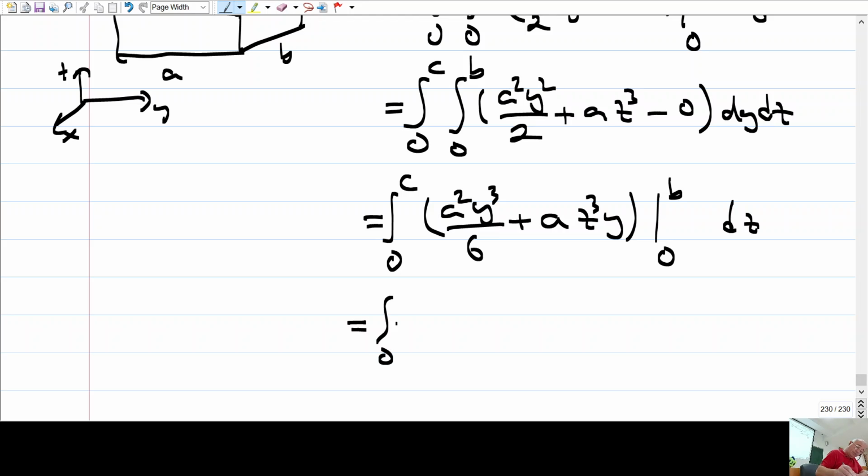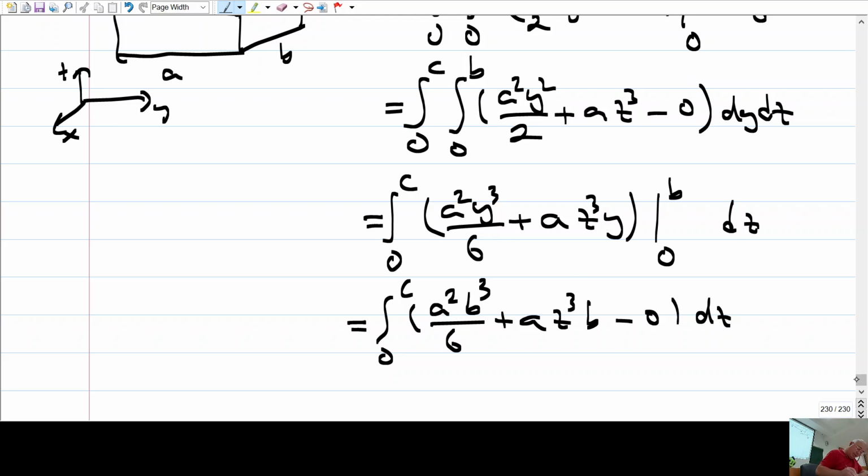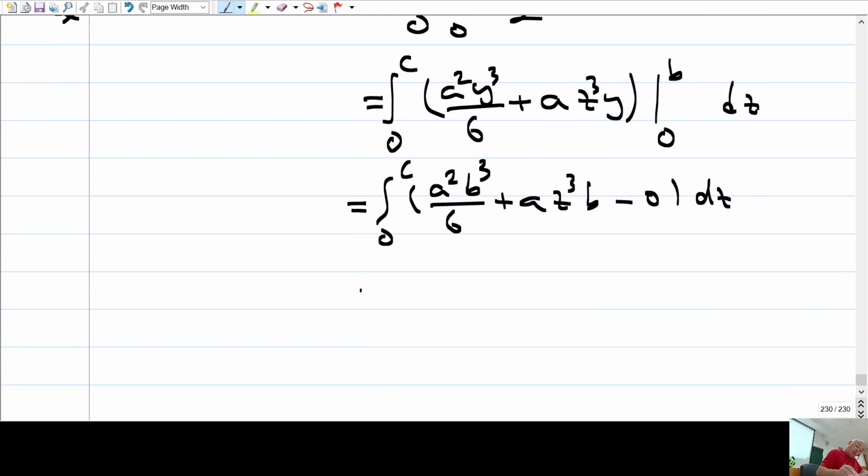Okay, let's see what we get. When I plug b for y, I get a squared b cubed over 6 plus a z cubed b, minus, when I plug 0 for y, I just get 0, dz. And then we have what? Now I integrate with respect to z.